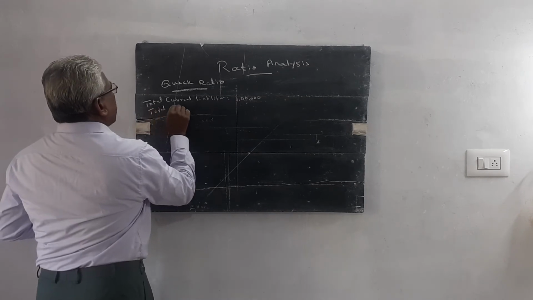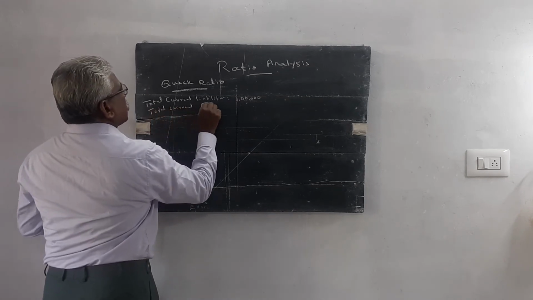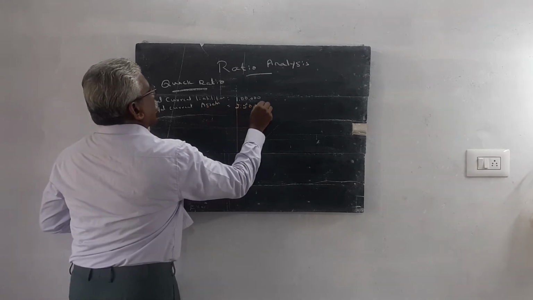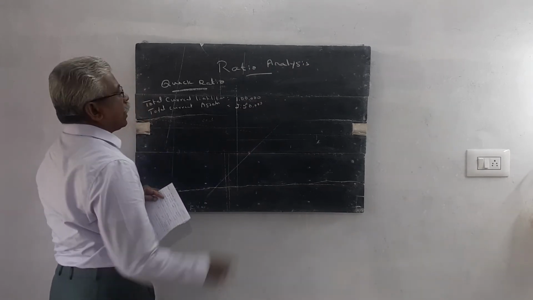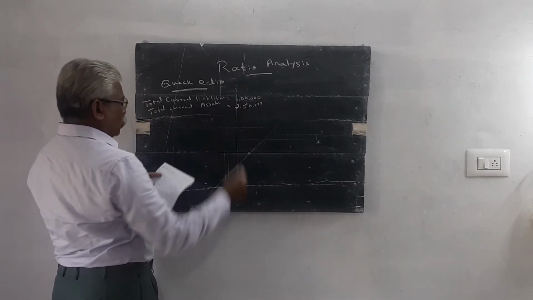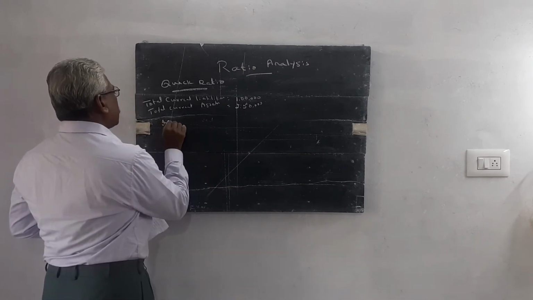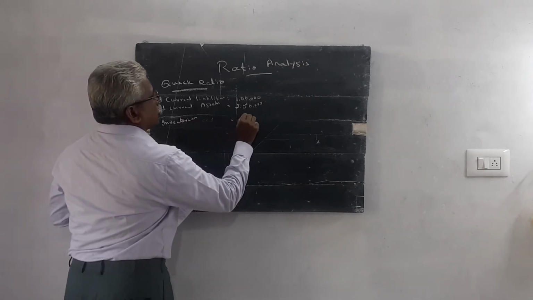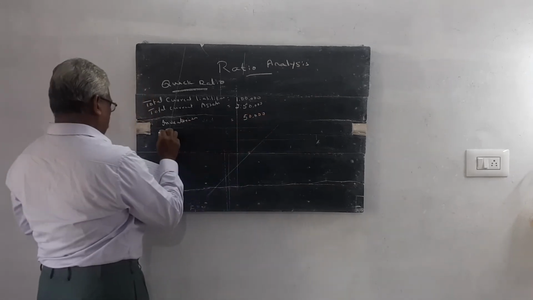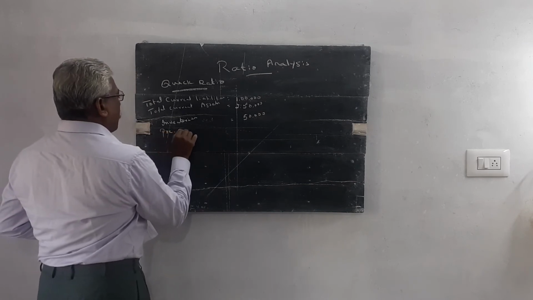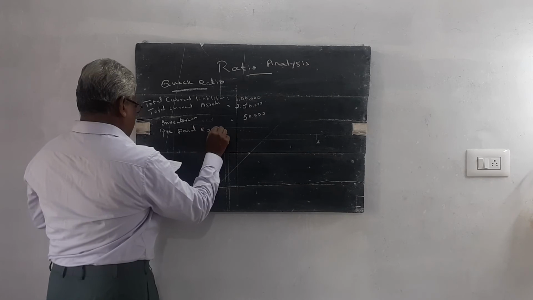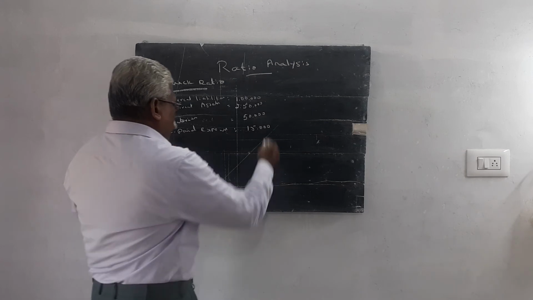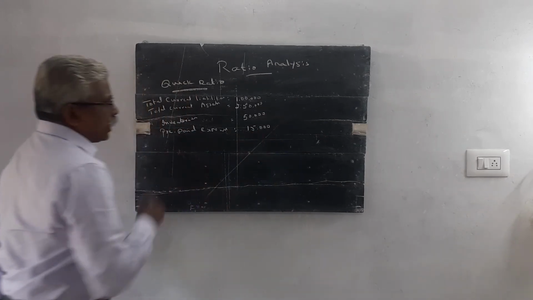Total current asset is equal to 2,50,000. Inventories is equal to 50,000. Prepaid expenses is equal to 15,000. This is the question. From this, we have to calculate quick ratio.